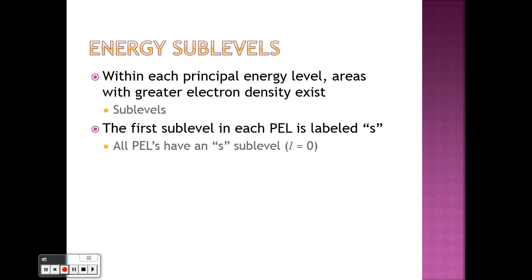So each principal energy level has sublevels. Each color has different shapes that are the same color. We call those different shapes sublevels. The first sublevel in each PEL, which stands for principal energy level, is s. Every time we switched a color, what was the first shape that we drew? Circle. Actually, it's a sphere.